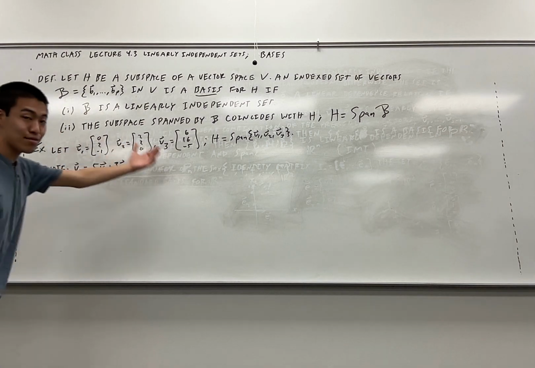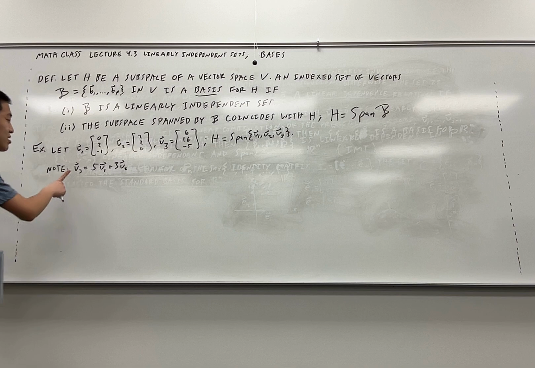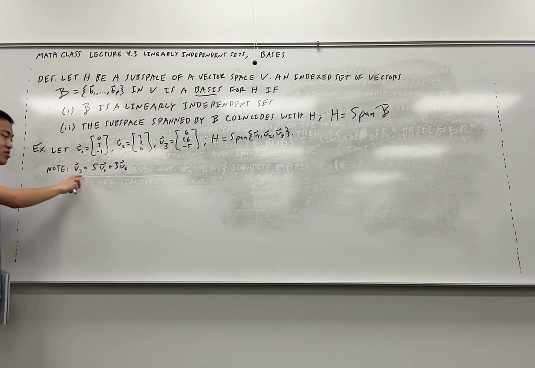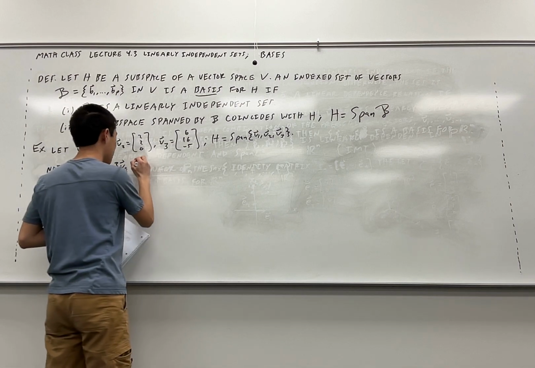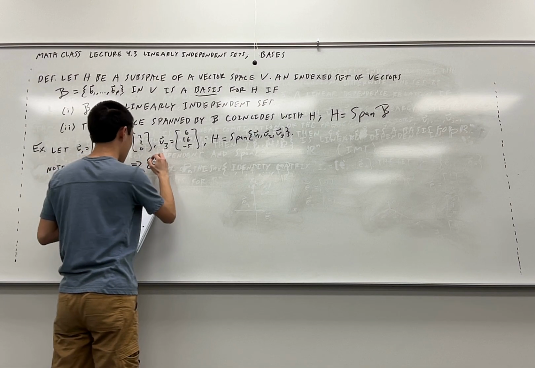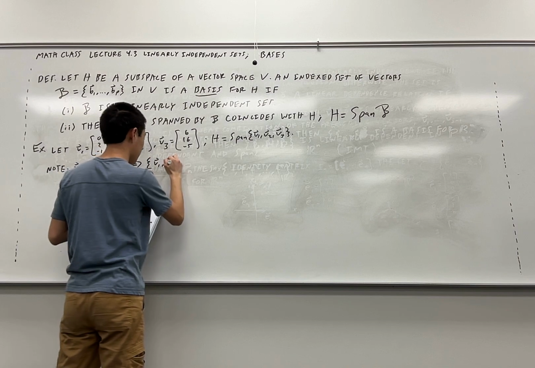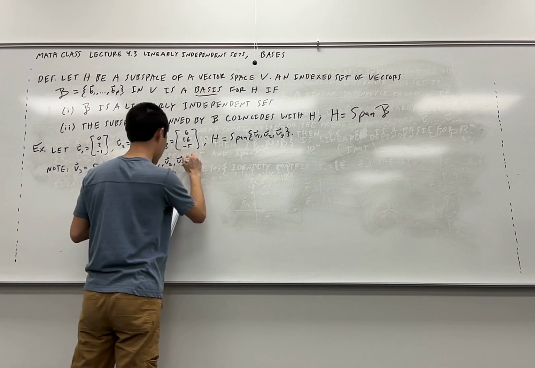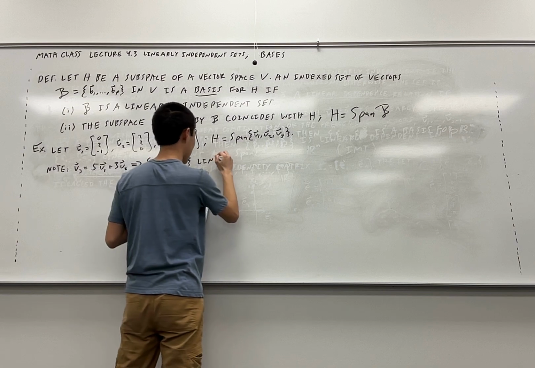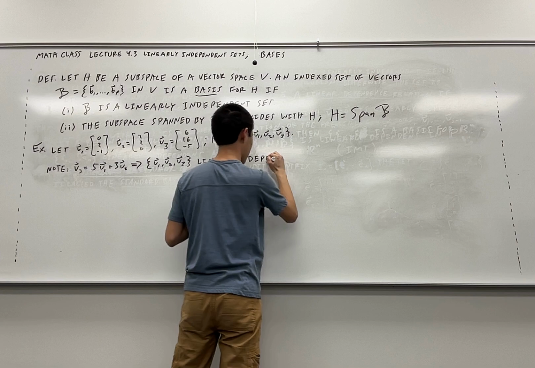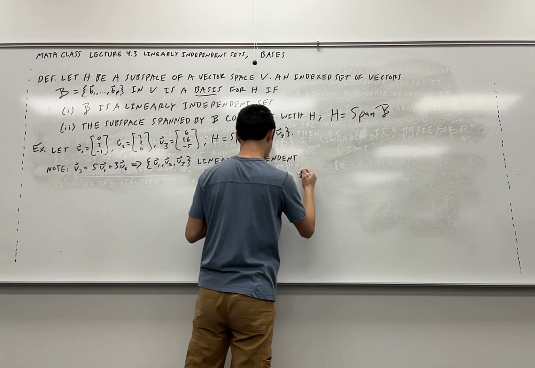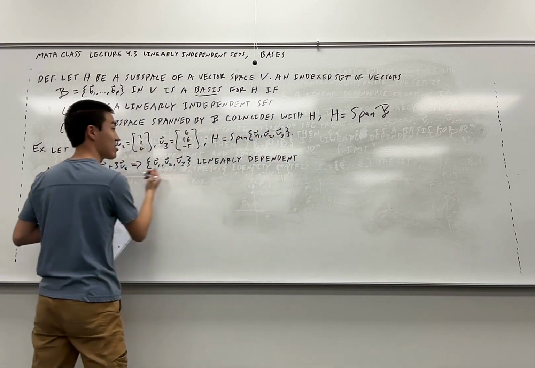Is it possible to get a basis, though, out of this? Well, let's take a look. Since v3 isn't contributing anything to the span because it's just already caught up in the span of those first two vectors, let's just cut it out, right? So here's kind of the logic. That dependence relation tells us that the original set of three vectors is linearly dependent. And what does that really mean?